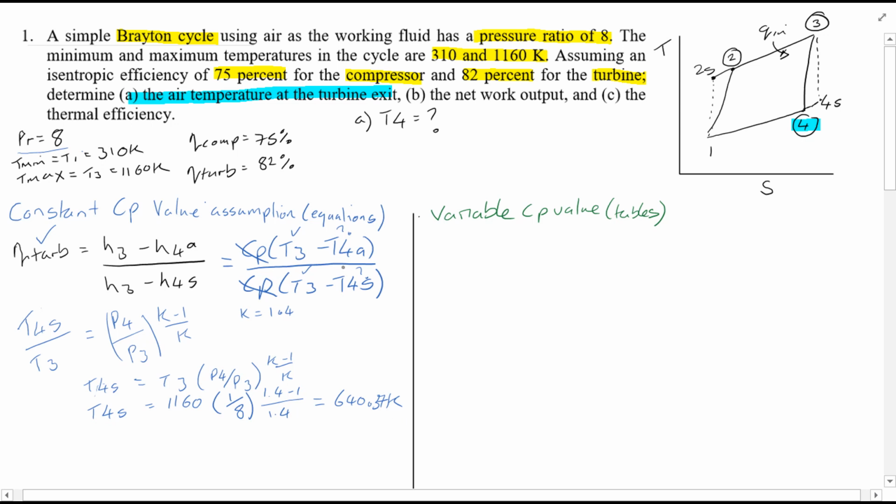Now that we've found T4S, we can quite simply rearrange the equation for the isentropic efficiency of the turbine, and we can find T4A, which is what's required for part A of the question.